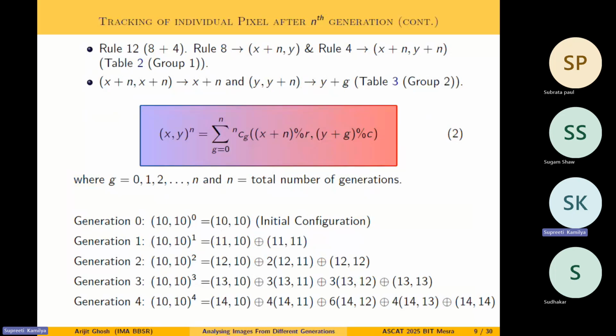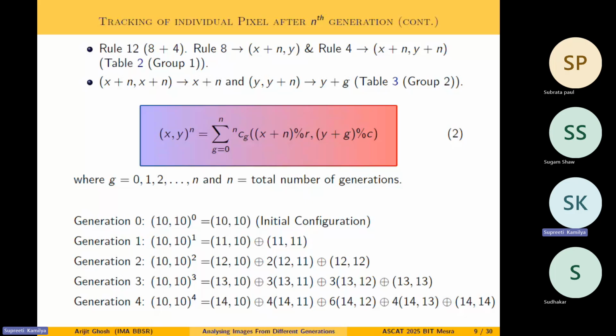Now I have collected the two x coordinates, and from the group 2 table, the positional value for the x coordinate I got is x plus n. Similarly, I will get it for y, put it in the pixel prediction formula, and will get to know whether an image will be formed at a particular pixel at a particular generation or not.